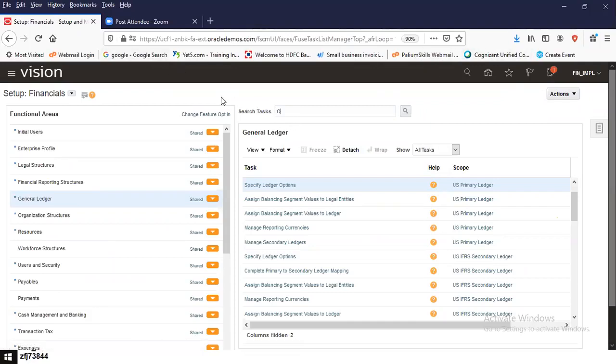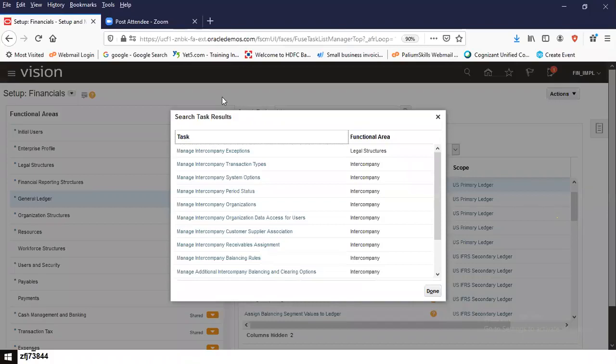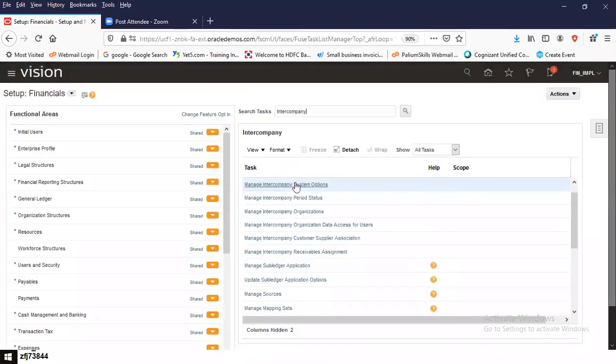Now, if you come here and we type intercompany, you will get all the different places where you can define the intercompany rules. These are the intercompany system options.